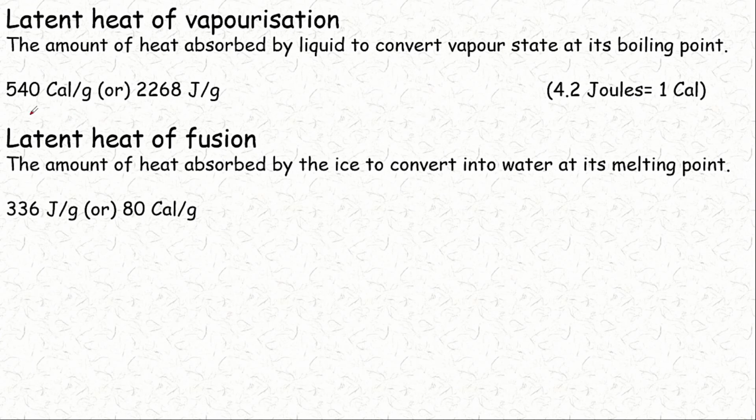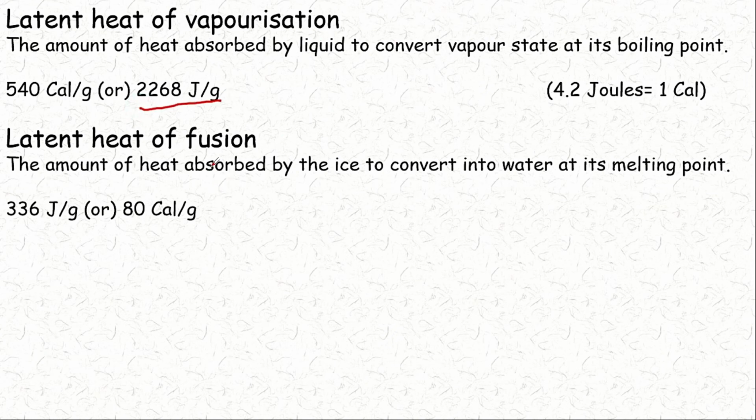Here it absorbs 540 calories per gram or 2268 joules per gram. Here 4.2 joules is equal to 1 calorie. This much heat is absorbed to convert liquid into vapor state.